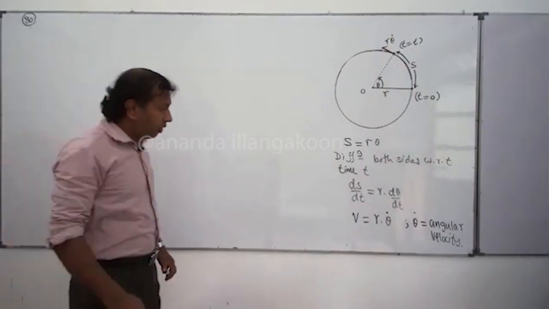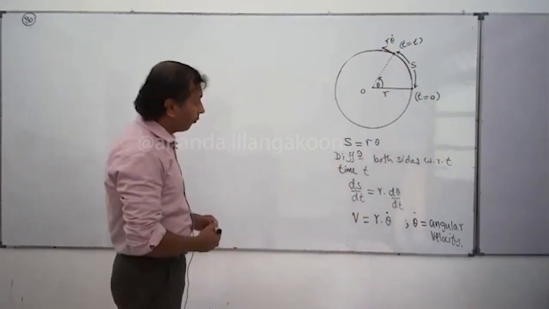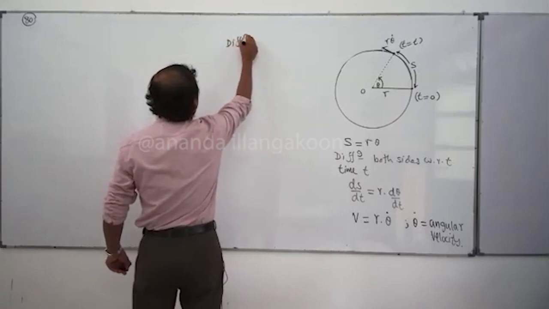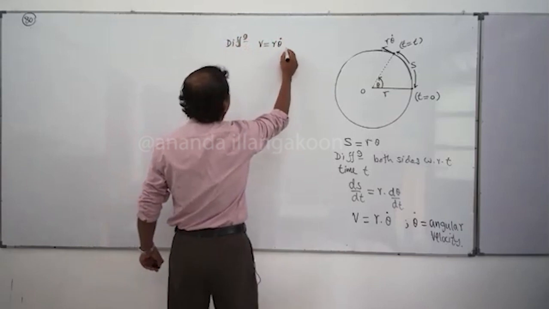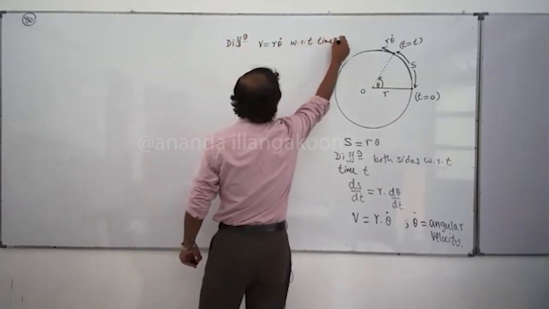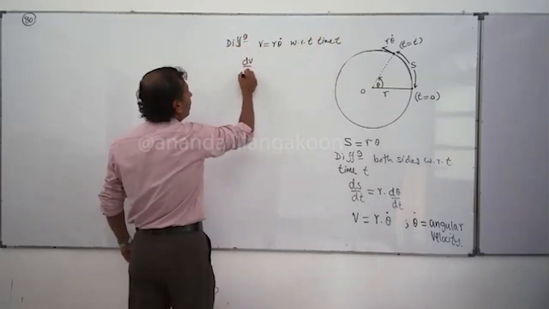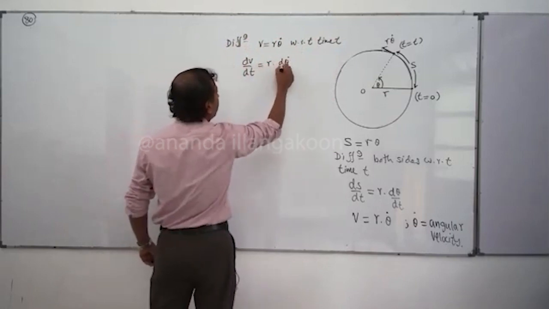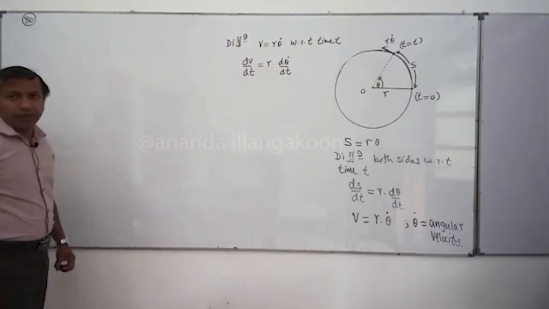Now again we differentiate this. Differentiating v equals r theta dot with respect to time t, what do you get? dv by dt is equal to r times d theta dot by dt.